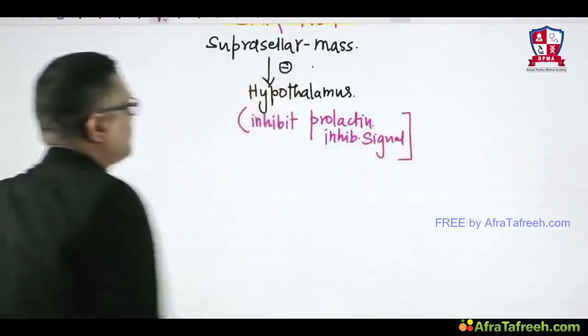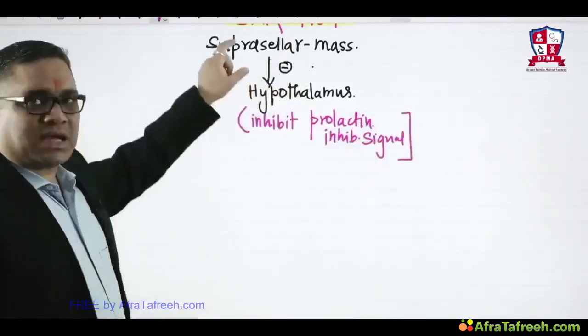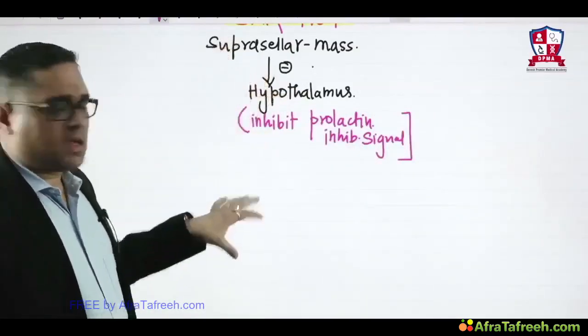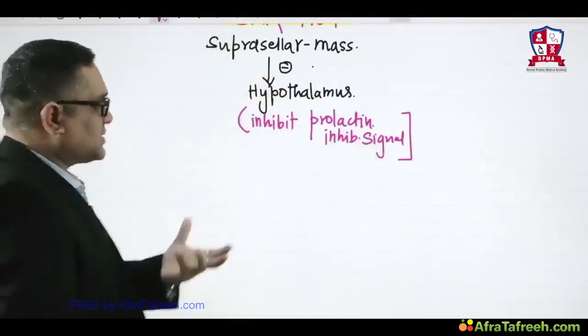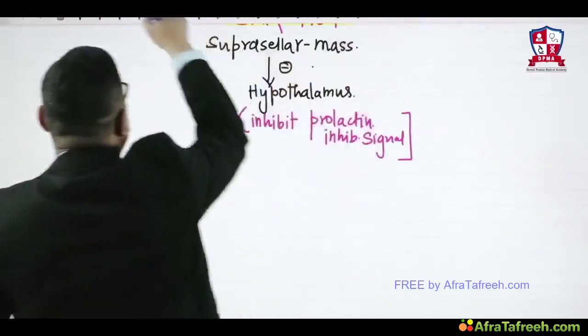What is the problem? The suprasellar mass is inhibiting the hypothalamus, so the prolactin inhibitory signal is lost. As a result, what will happen? There will be more prolactin secretion.